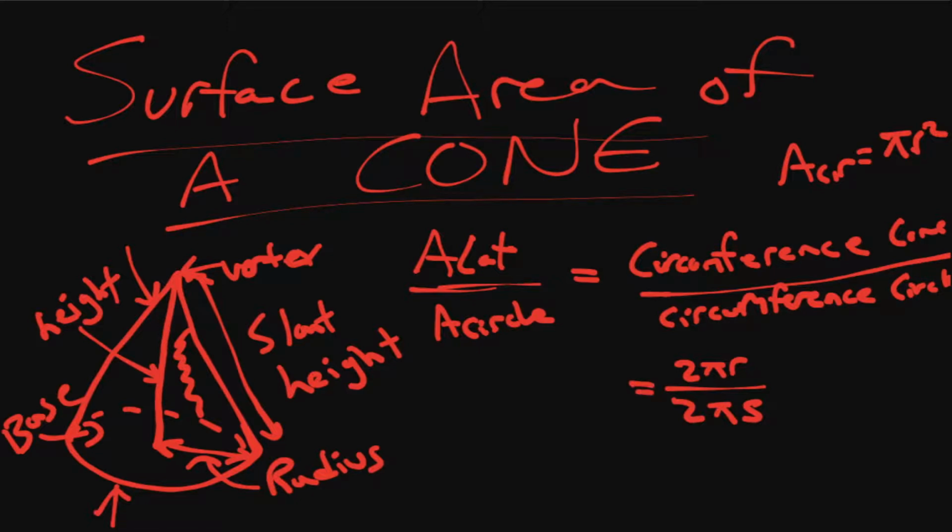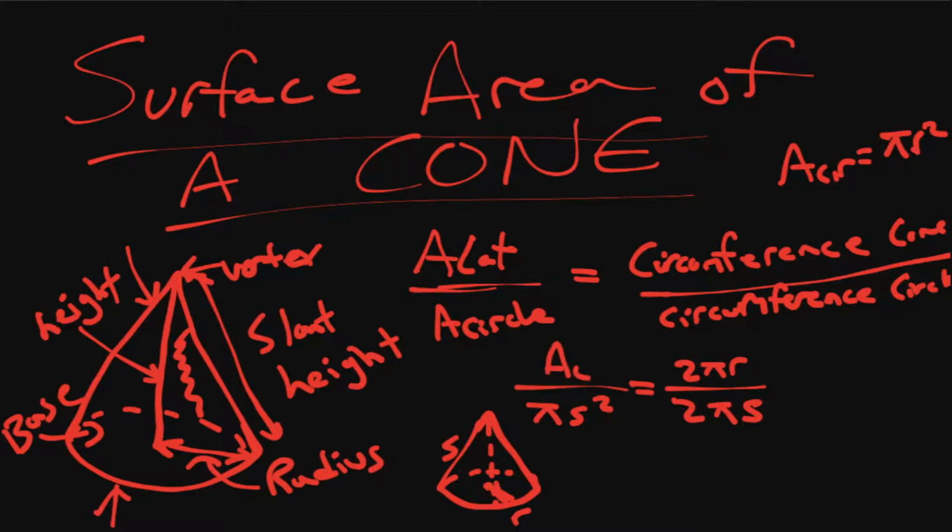If we were to draw it, it would be from there, and then the radius here is going to be r. Then we have the area of the circle, pi s squared, over the lateral area.